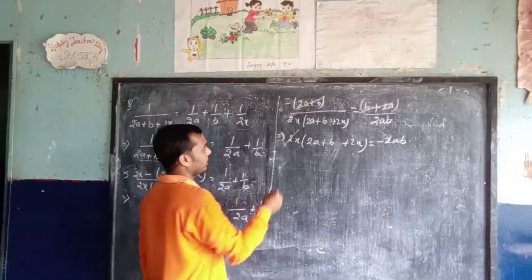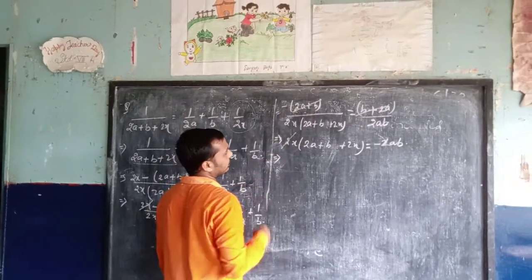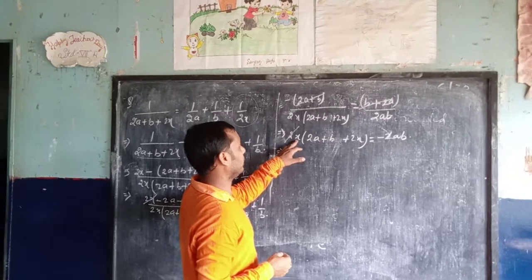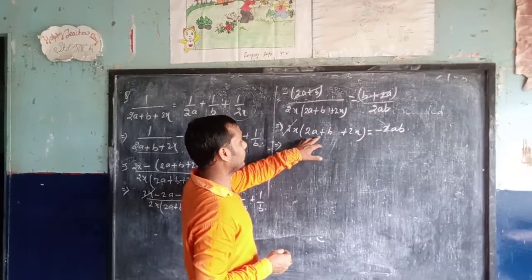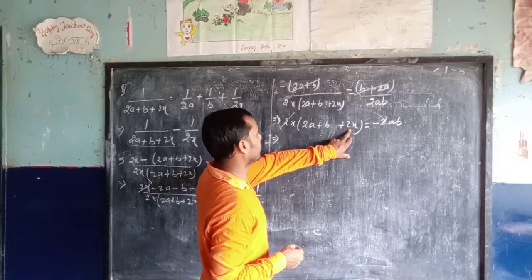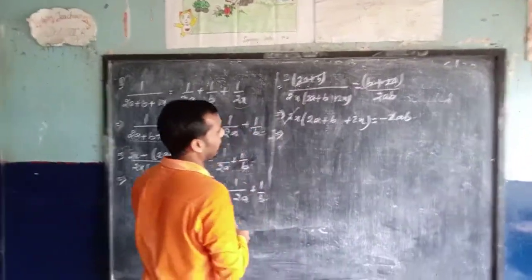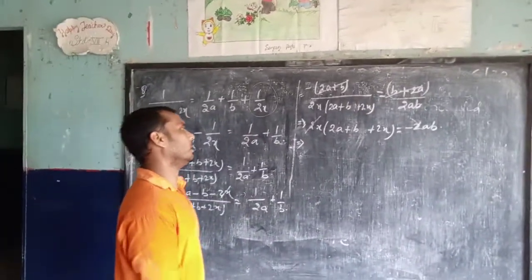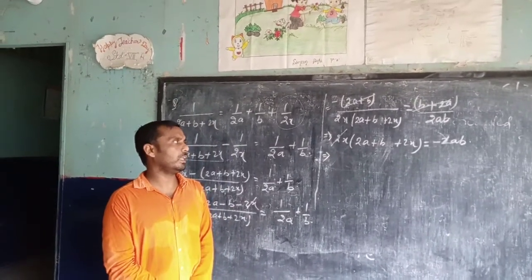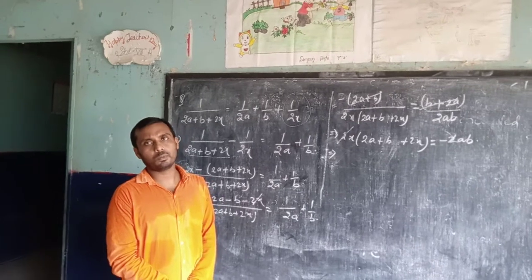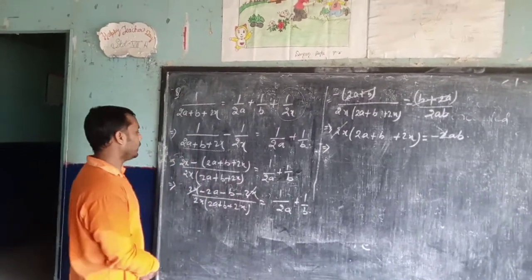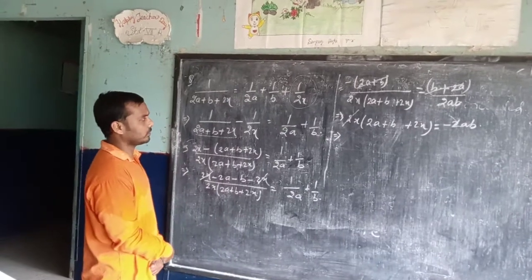Very easy. Now what do we have here? We have x into (2a plus b plus 2x) equal to minus ab. Now we will just follow the breaking of the terms.